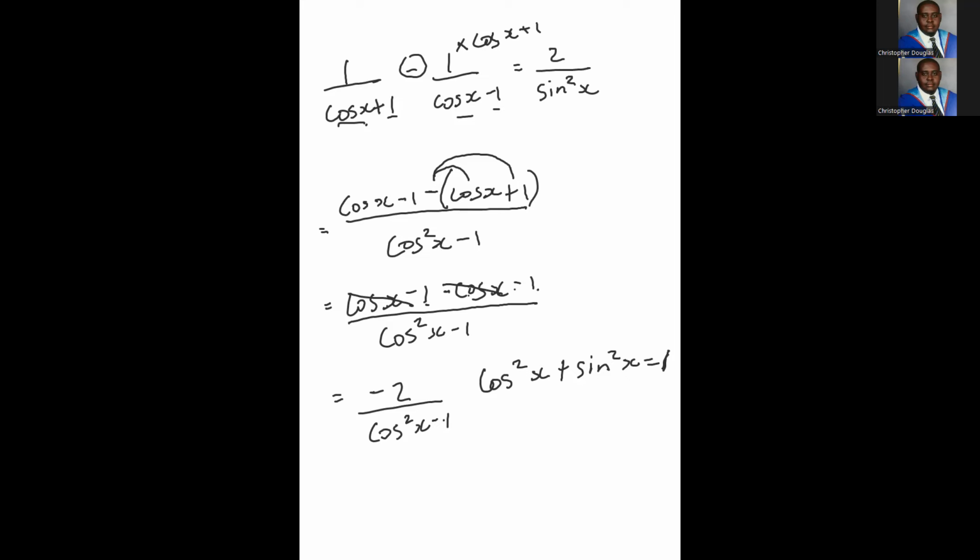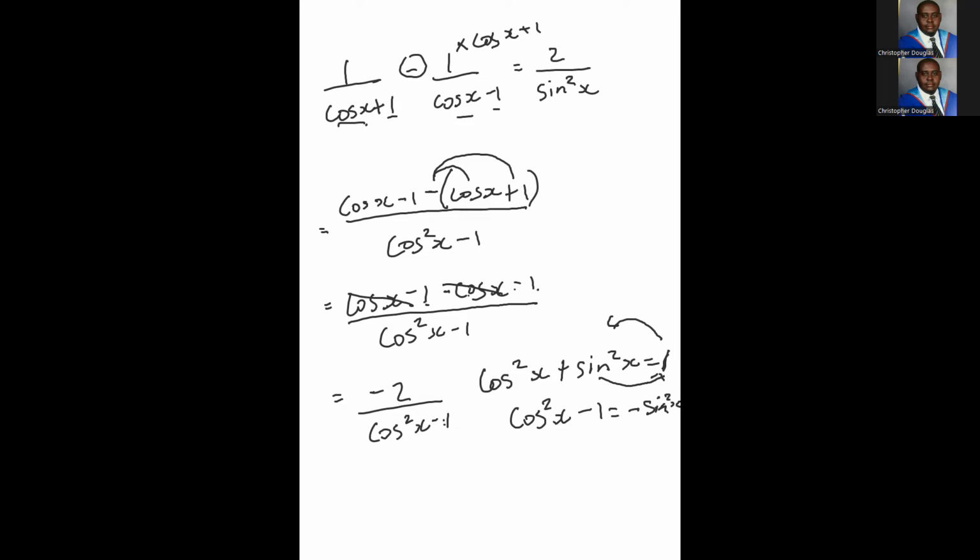So if I have cos squared x minus 1 here, look at this. For it to be minus 1, it means therefore that this 1 would have to be over here, which means that the positive sine squared x has to be over here. What's it going to come over as? Negative sine squared x. So technically, cos squared x minus 1, if the minus 1 comes over, this will change sign as well, is equal to negative sine squared x.